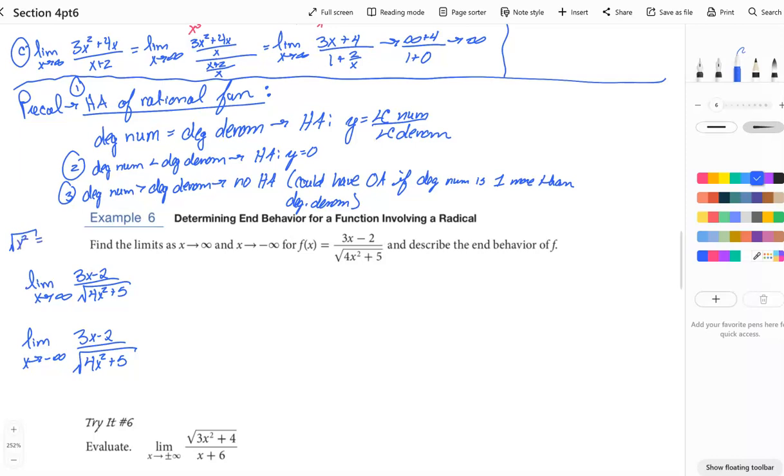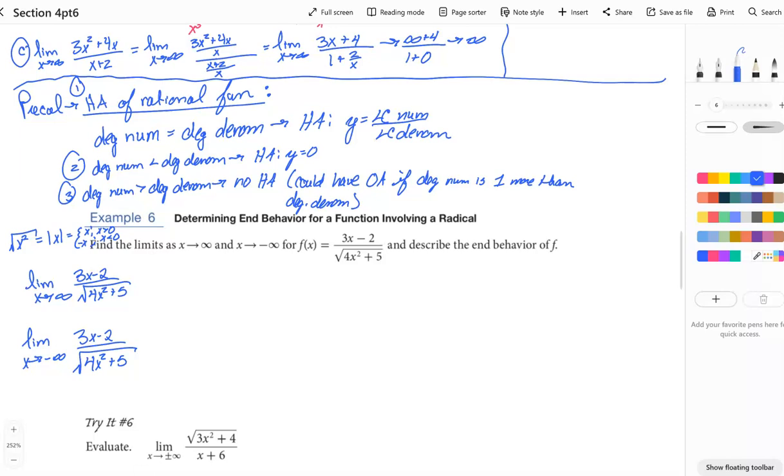Now, when I take the square root of x squared, I'm going to end up with the absolute value of x. And the absolute value of x is really going to be an x if x is positive, or a negative x if x is negative.